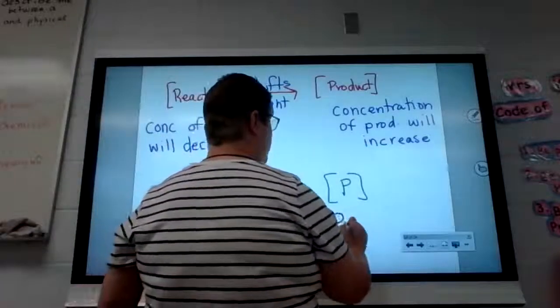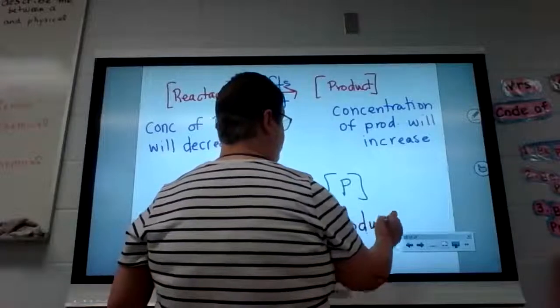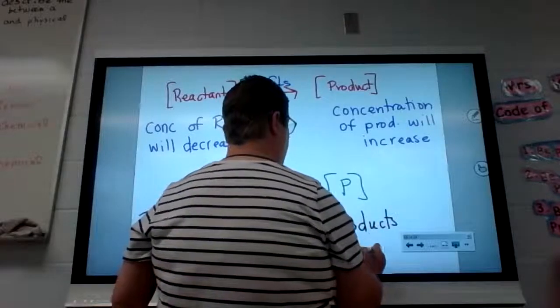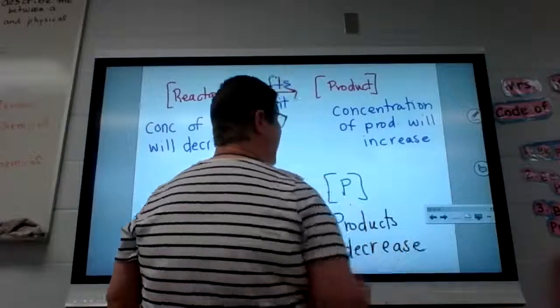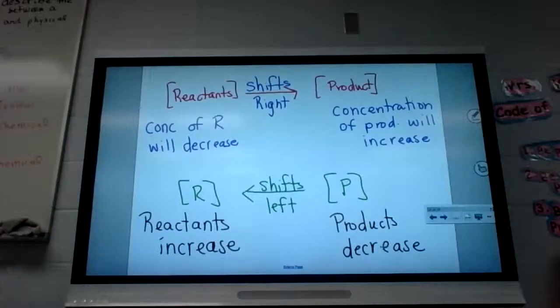That's right. The products will decrease. Because we're not just going to figure out right and left today. We're also going to figure out who increases and who decreases.